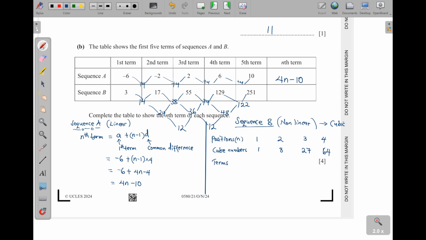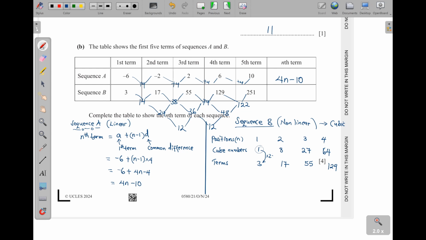Then the terms that we have: 3, then here we have 17, then 55, and then here we have 129. Now, if you get a number here, let's say this one, 1, I multiply it by 2, then I add 1.